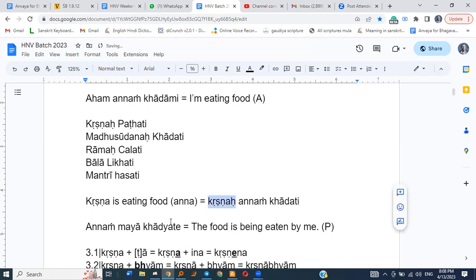Krishna takes the first case because he's the subject, the doer, and then the object of the verb, and this is active voice. So the object is Annam. What is being eaten? What is the object? What is Krishna eating? That's the Anna, food. Annam, it takes the second case.